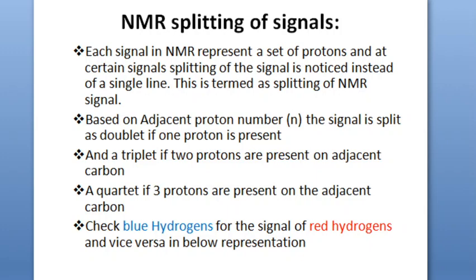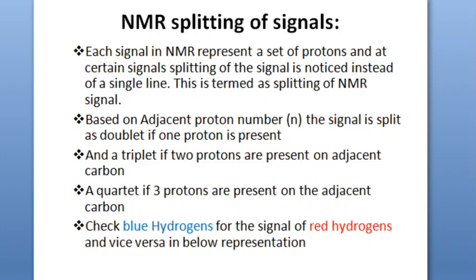So a signal in NMR represents characteristic protons, given a set of protons, and if observed microscopically, instead of being one single line, there is a chance of having more than one line. That is called splitting of signal.